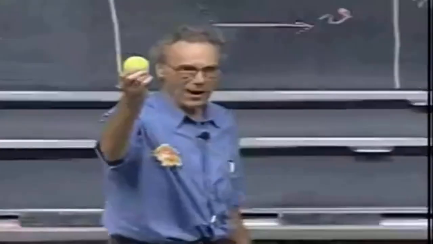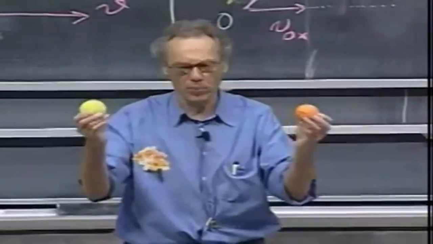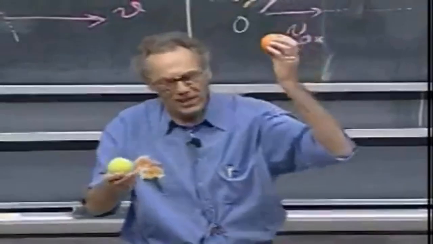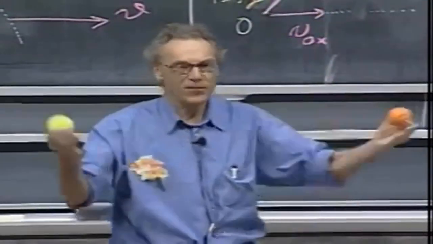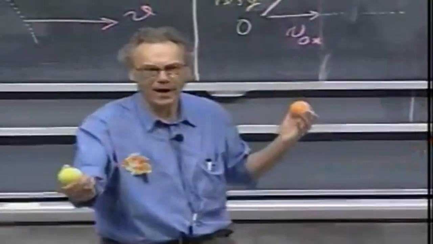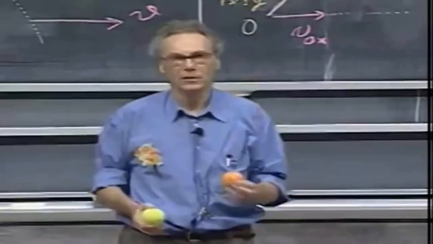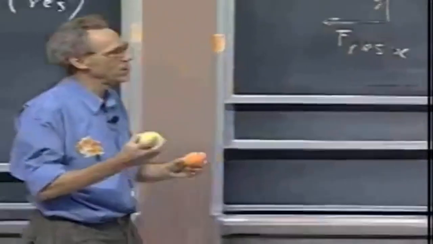However, this has a way larger mass than this one. And even though the resistive forces will be closely the same if I throw them up with the same initial speed, it has a way larger effect on a smaller mass than on a larger mass. F equals ma, right? So on a very large mass, the resistive force will have a much lower effect than on the smaller mass, even though the resistive forces are about the same.